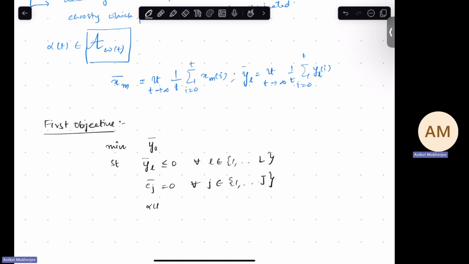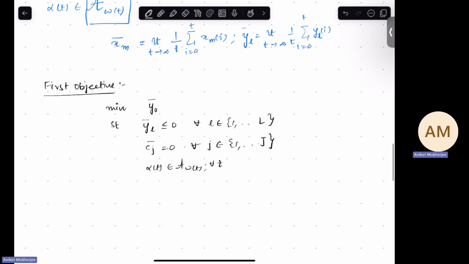Next you have alpha t belongs to A omega t for all t. So this is your action set that could vary with time at each step.